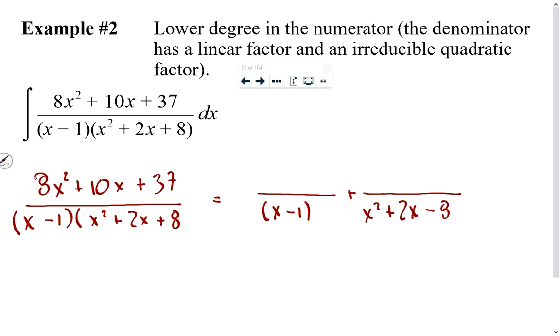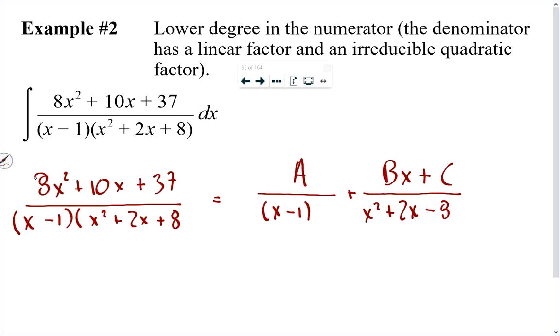I'm contemplating if I should explain why, and I'm not going to right now. I'm just going to say that I had mentioned this yesterday, that when you have your partial fractions, whatever the denominator is, the numerator is a constant because the denominator is linear. What that implies is, since the denominator of our second fraction is quadratic, the numerator is linear.